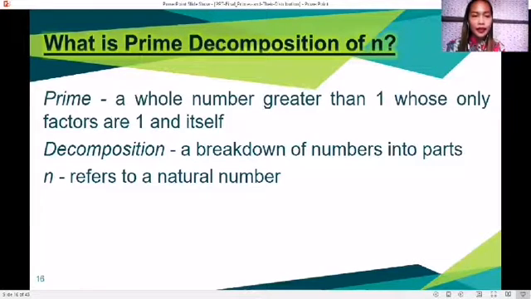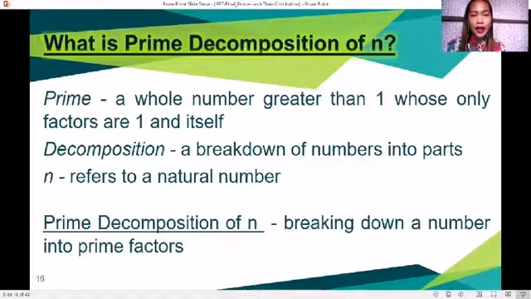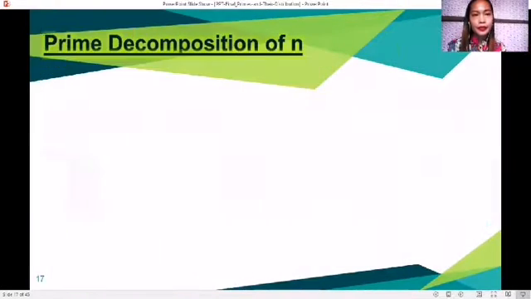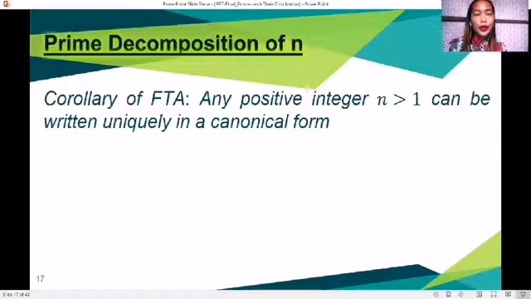And n here refers to a natural number. Therefore, prime decomposition of n means breaking down a number into prime factors. The corollary of FTA says any positive integer n greater than 1 can be written uniquely in a canonical form.